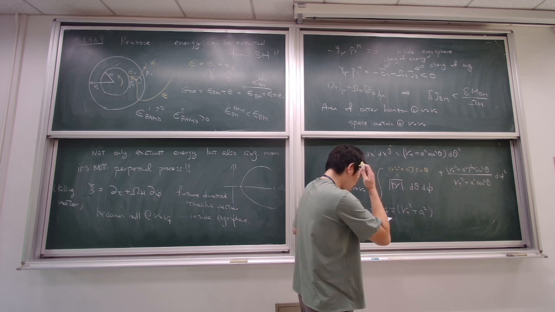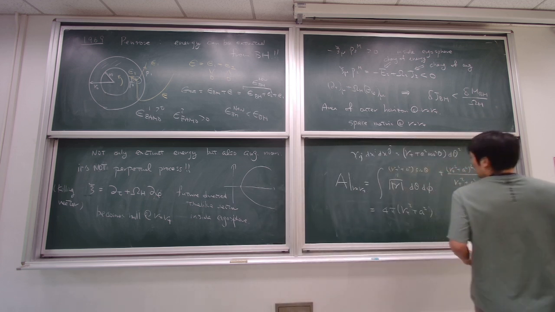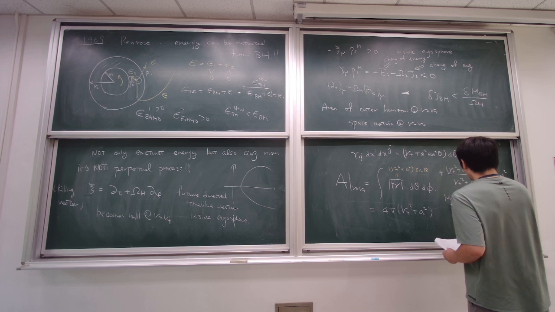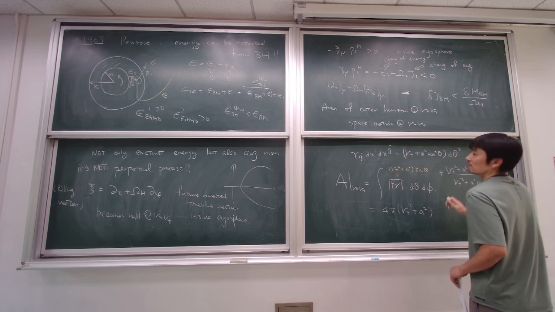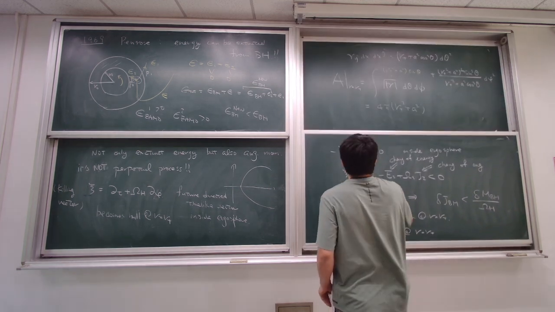Fine, and let's normalize this quantity slightly. I call it M irreducible.